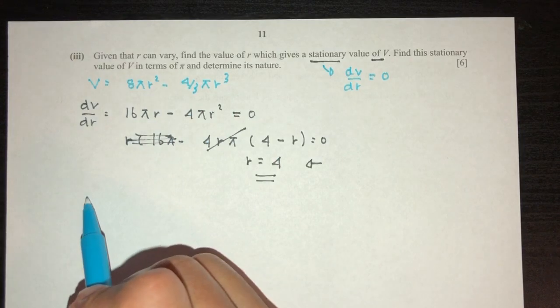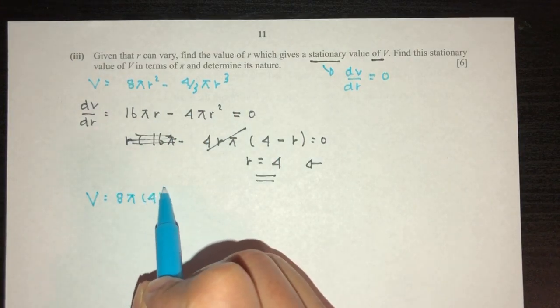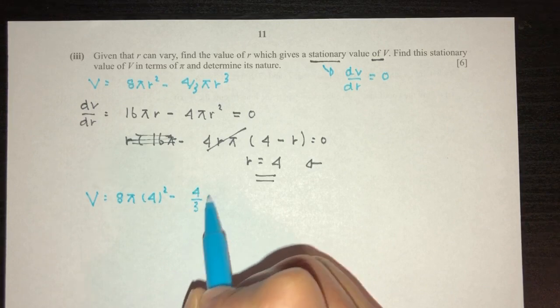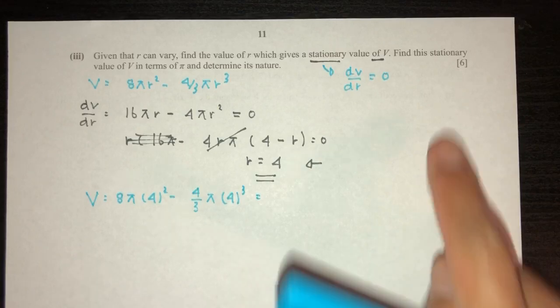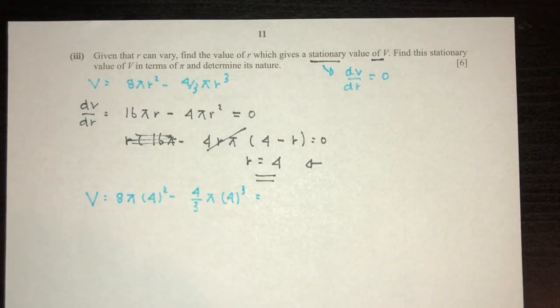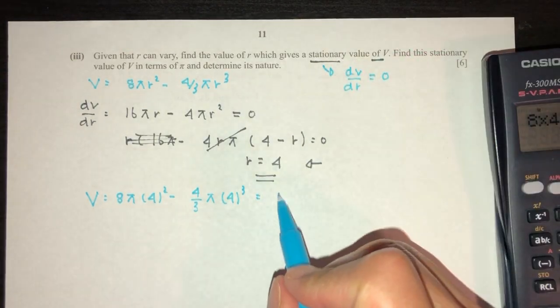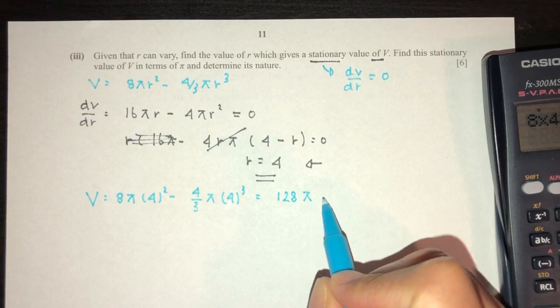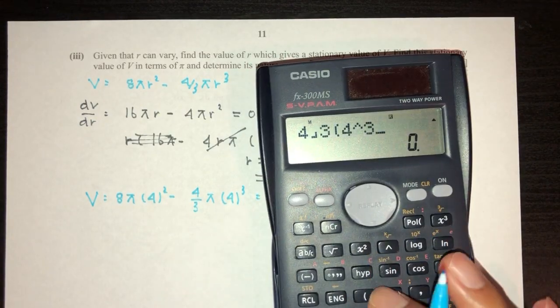Replace back in your equation, you will have 8 pi 4 square minus 4 over 3 pi 4 cube. It says find this value in terms of pi, so we have to retain pi here. So 8 times 4 square is 128 pi, minus 4 over 3 times 4 power 3.